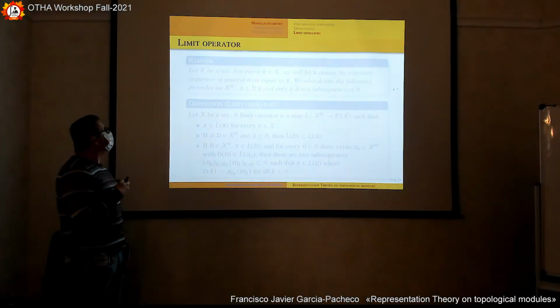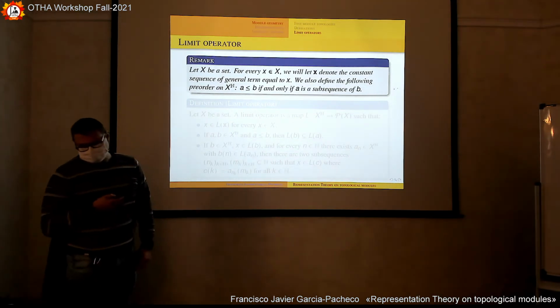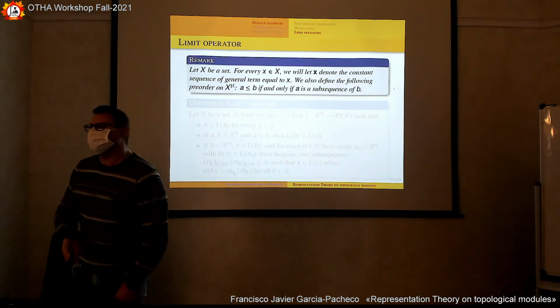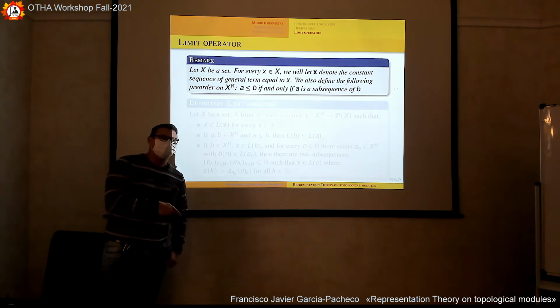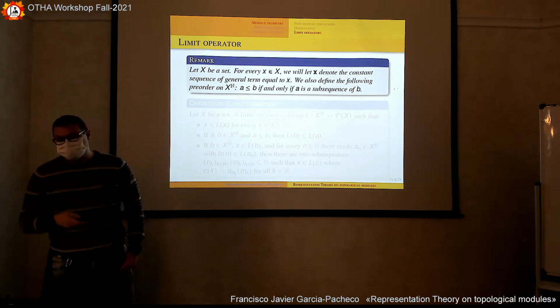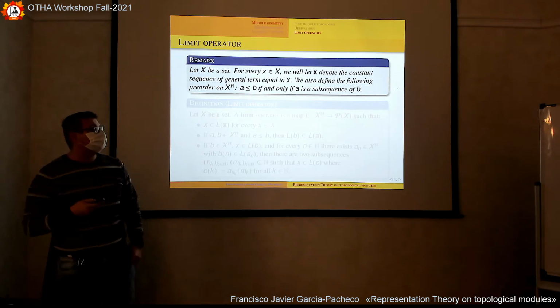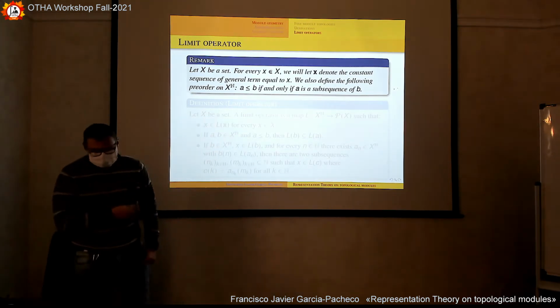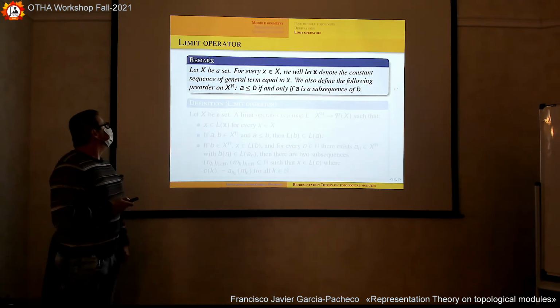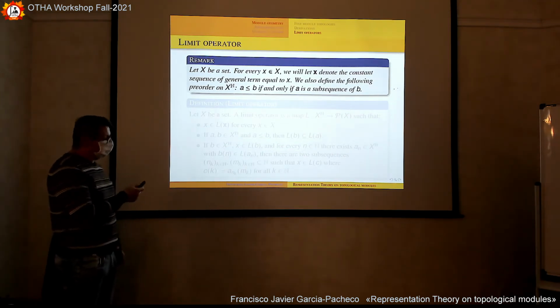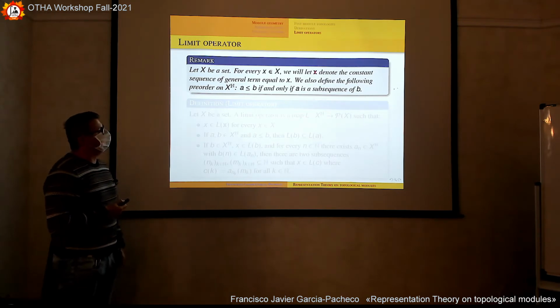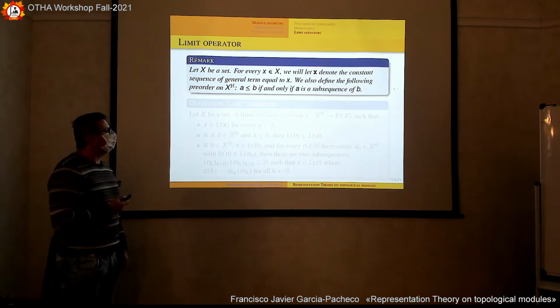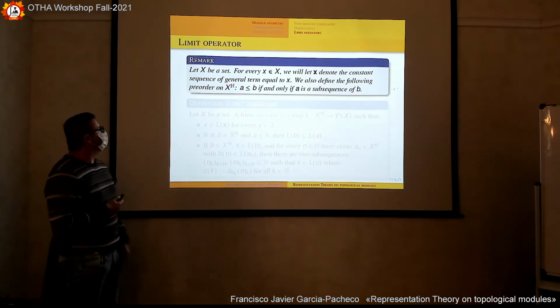So these are classical things. Now, by relying on Banach limits, we can construct limit operators which induce closure operators, and the topologies induced by those closure operators are almost compatible with the limit operators. So in a set X, for every x, we will denote by blackboard x the constant sequence of general term equal to x.